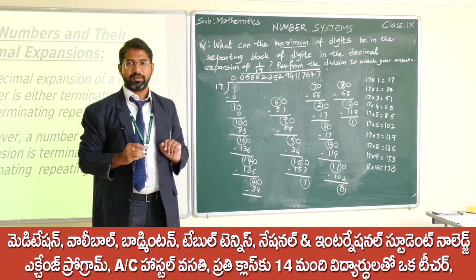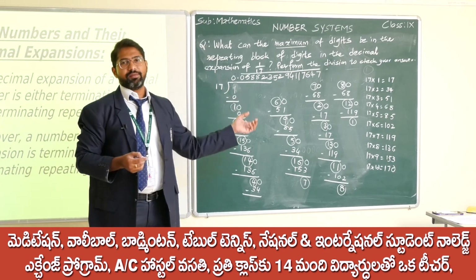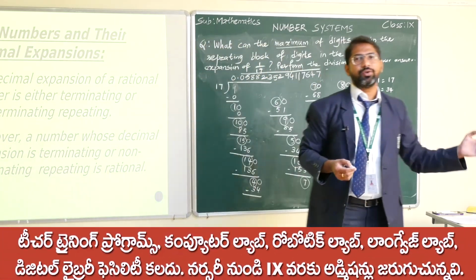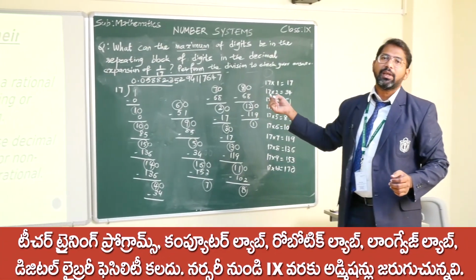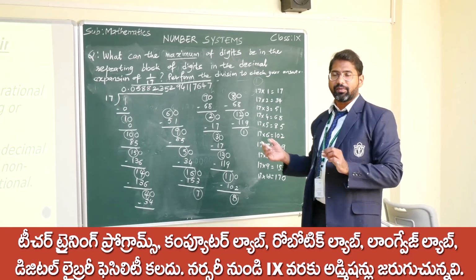Yes, I hope you have understood. It's a lengthy division, but if you write the table next to you, you can do the division very easily. It's clear from this example.